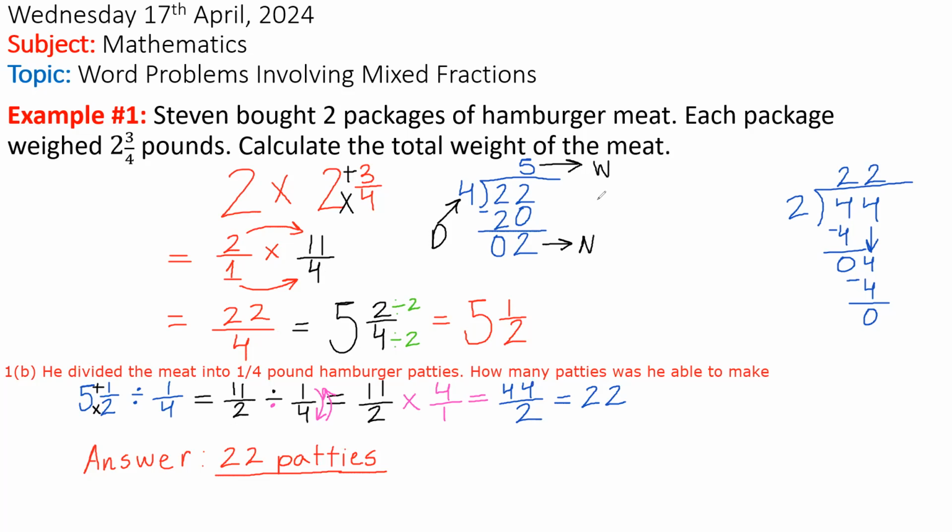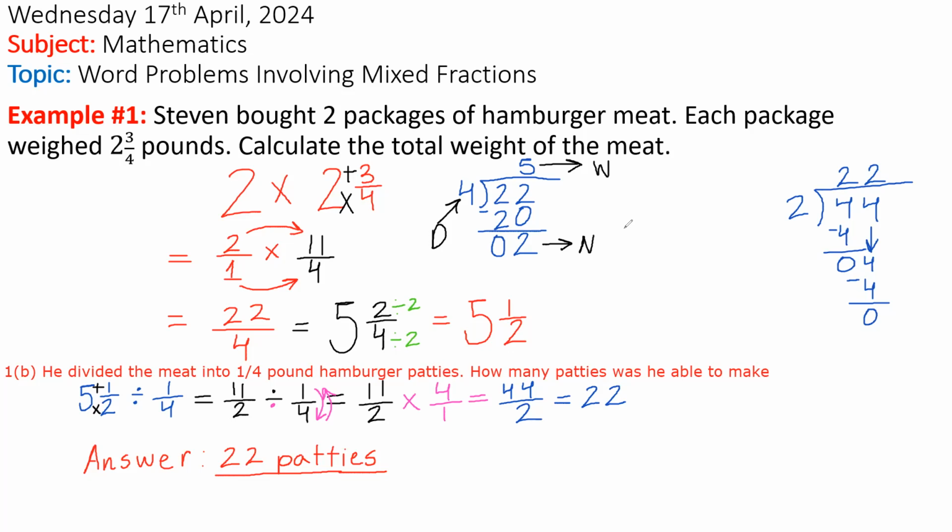Gilbriana, are you there? Yes, sir. Can you read 1B and explain how we got 22 patties? Yes, sir. 1B, he divided the meat into 1 over 4 pound hamburger patties. How many patties was he able to make?